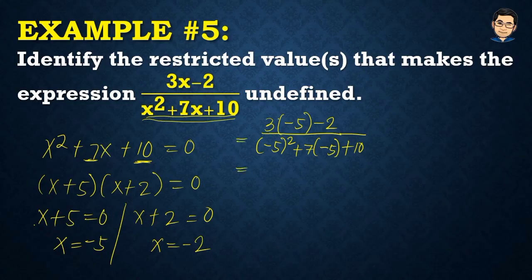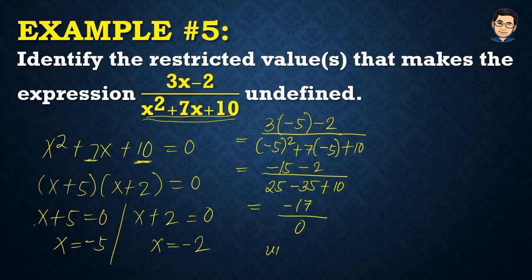Next, 3 times negative 5, that's negative 15, minus 2, over negative 5 squared, that is 25. 7 times negative 5, that is negative 35, plus 10. Next, negative 15 minus 2, that is negative 17. And then, 25 minus 35 plus 10. So, i-combine natin ng 25 tsaka yung 10. 35 minus 35, that is 0. So, kapag x is equal to negative 5, undefined po.